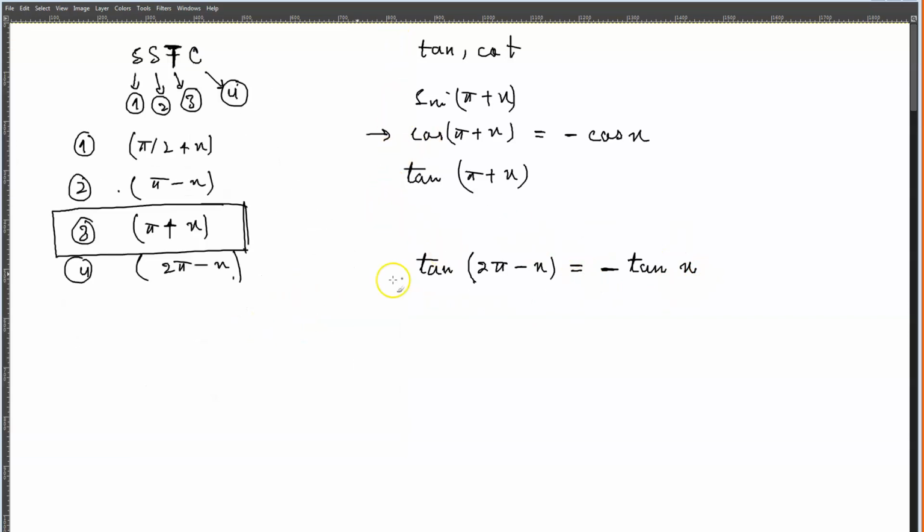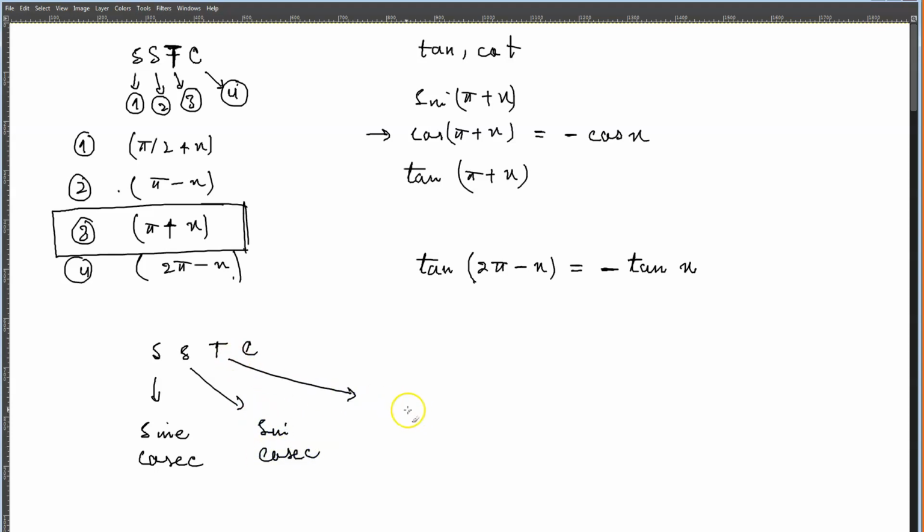So that way you can just simply remember this by remembering SSTC. The first S stands for sine and cosecant. The second S stands for sine and cosecant.